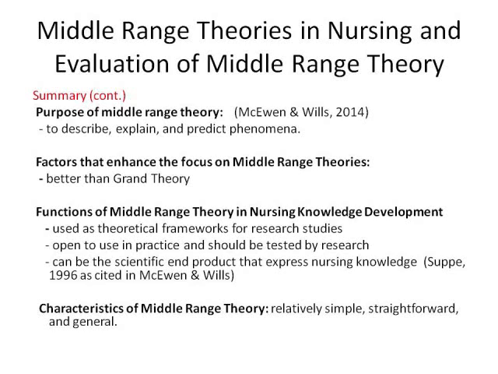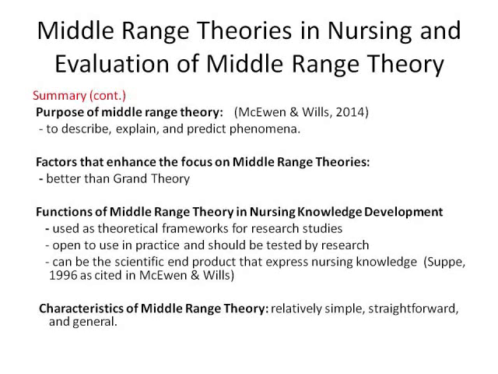And then functions of middle range theory in nursing knowledge development. It is used as theoretical frameworks for research studies, open to use in practice, and should be tested by research. It can be the scientific end product that expresses nursing knowledge. And then characteristics of middle range theory.